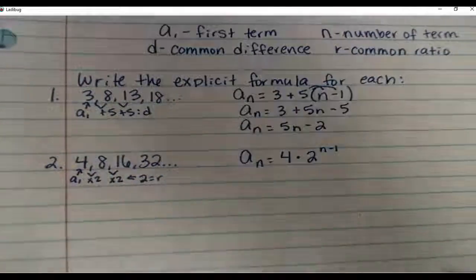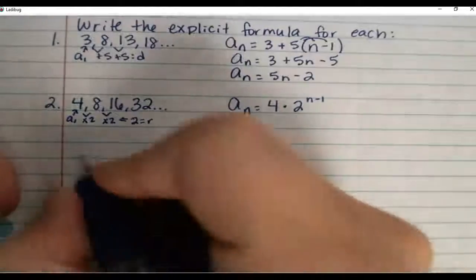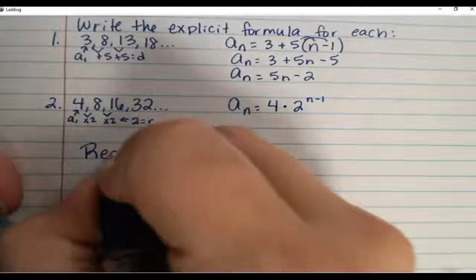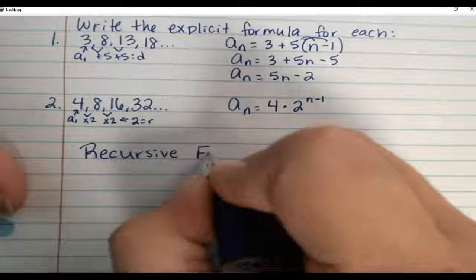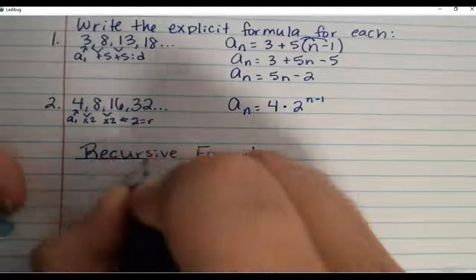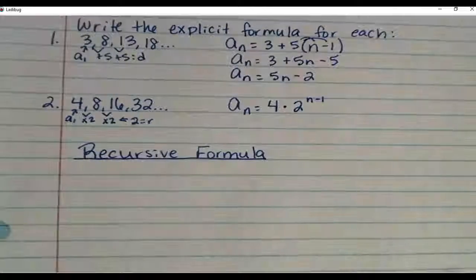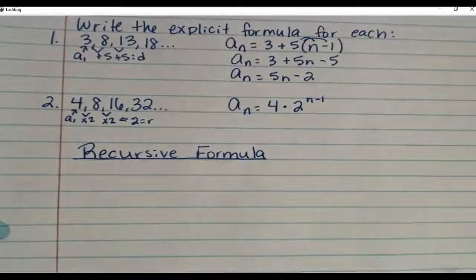Okay. So then the other formula that we're going to look at is called the recursive formula. So with the explicit formula, you can find any term. All you have to do is plug in the number of the term. But for recursive formula, you can't find any term.